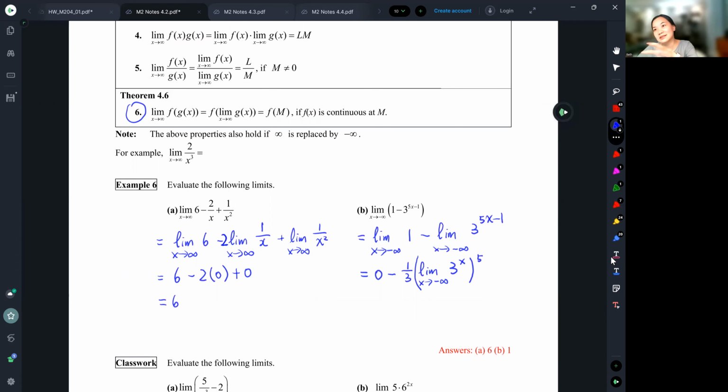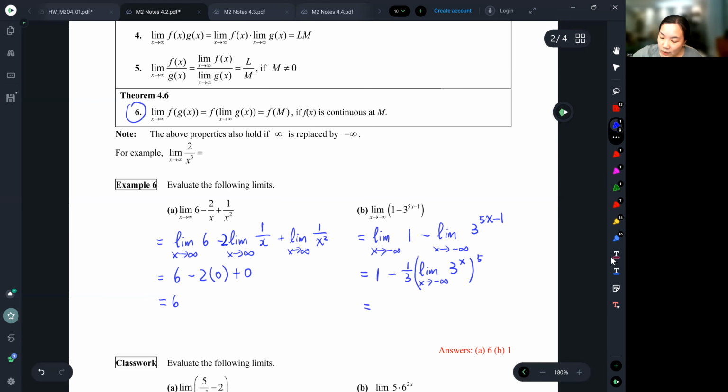The first one, limit 1 is 1. Sorry, limit 1 is 1. Why did I say 0? Limit 1 is 1, and all that. I took out the factor. I did theorem 4.6 and all that. So I think each part is easy for me now.